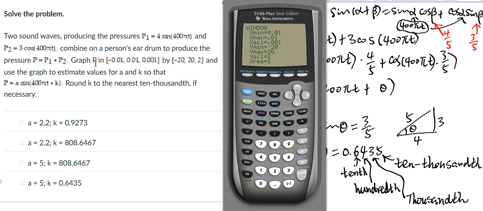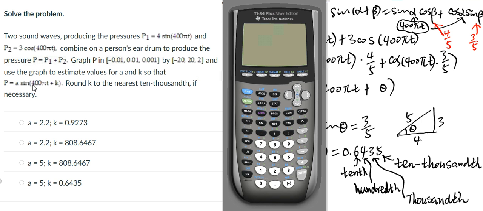We want to graph P, the sum of these two trigonometric functions, in the window x from negative 0.01 to positive 0.01 with scale 0.001, and y from negative 20 to positive 20 with scale 2, and use the graph to estimate values for A and K, so that P equals A times sine of 400 pi t plus K. A is the coefficient in front of sine.